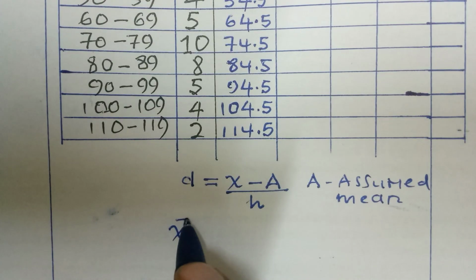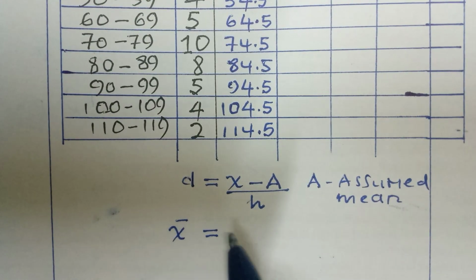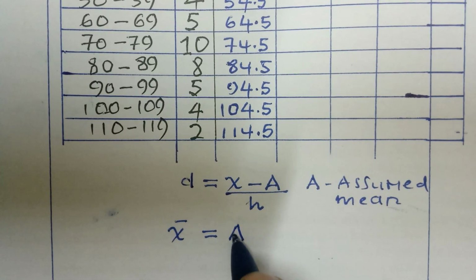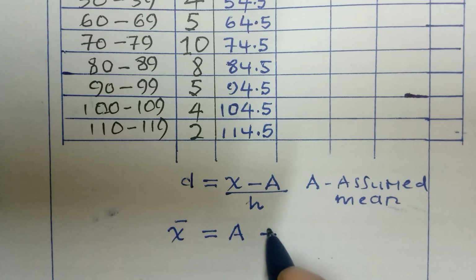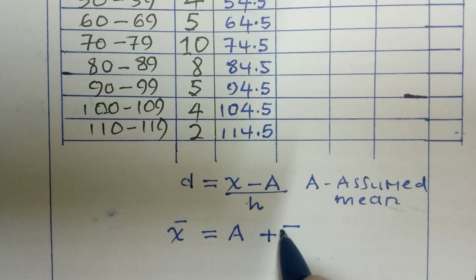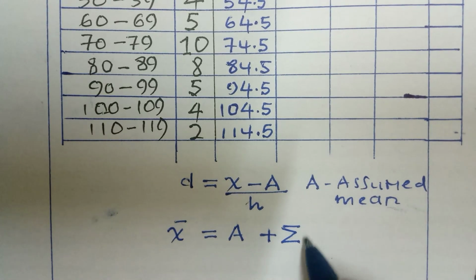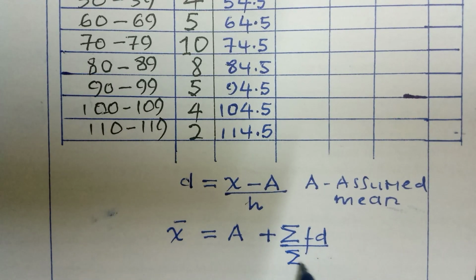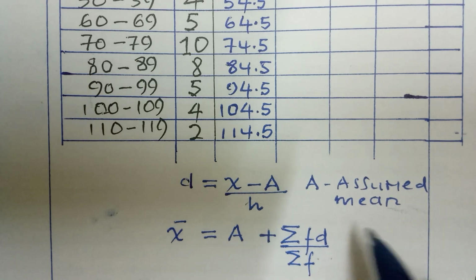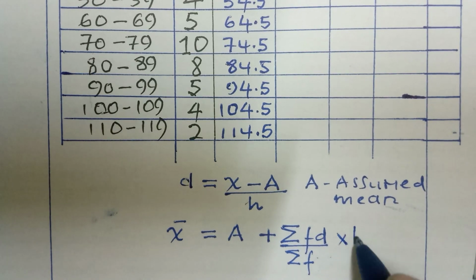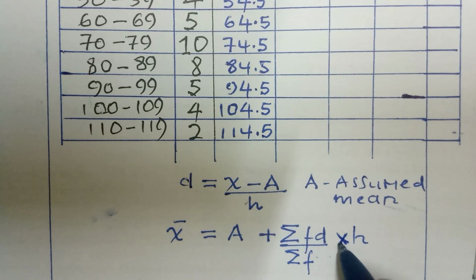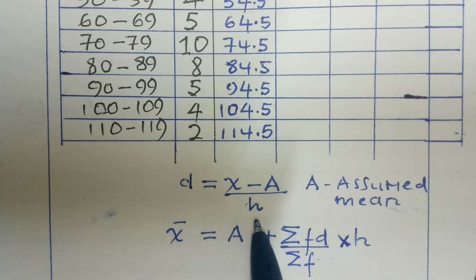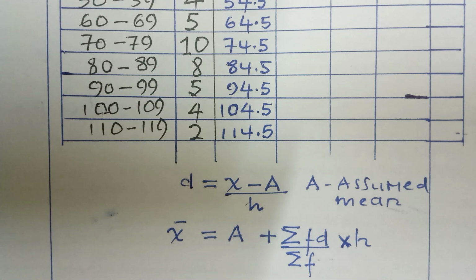For the mean, we are supposed to get assumed mean plus now the summation of FD all over summation of F, and then we multiply now by H, because remember H is not supposed to be there. This H we use it so that we work with simpler figures or small figures.